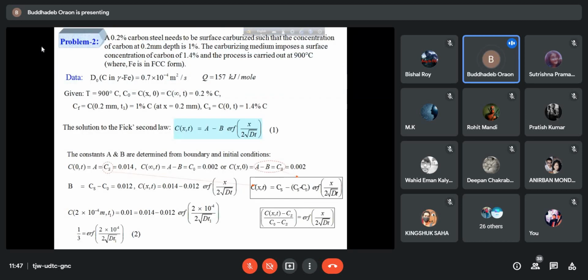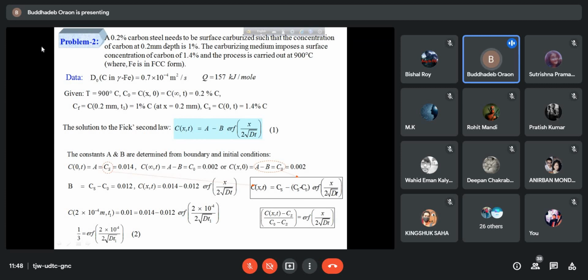Now let us take this problem. One problem is given. The problem says a 0.2% carbon steel needs to be surface carburized such that the concentration of carbon at 0.2 millimeter depth is 1%. So this is our requirement.